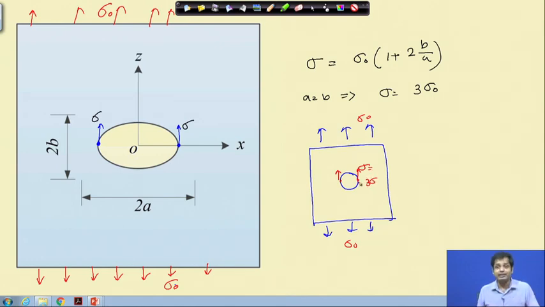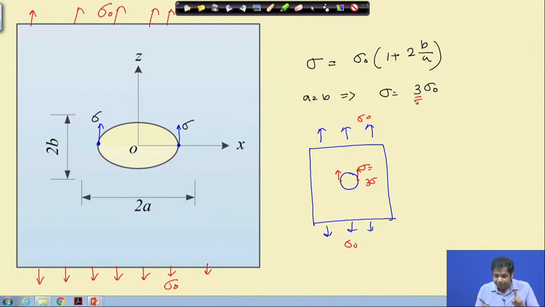So, at this point the stress is 3 times the stress that you apply. This is called stress concentration. In this case, the stress concentration factor is 3, meaning the stress is increased to 3 times the applied stress. So, this is case 1.